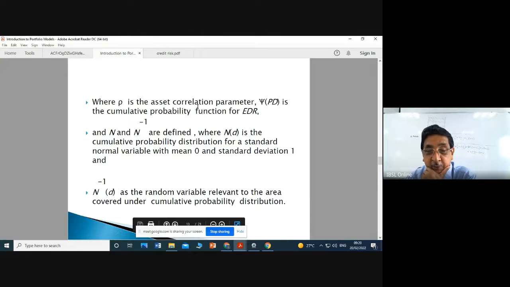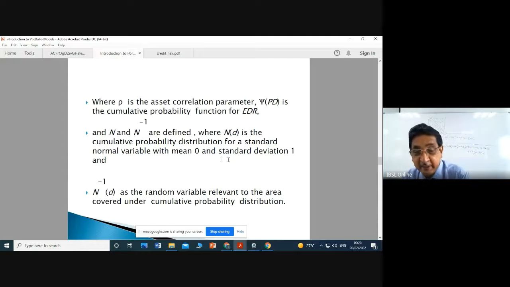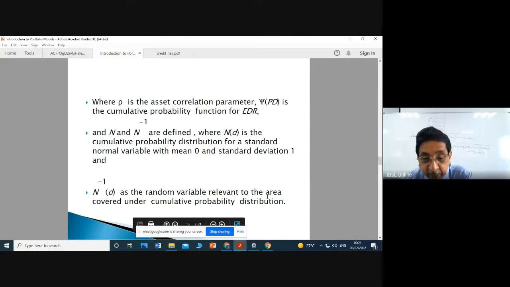Where rho is the asset correlation parameter, psi PD is the cumulative probability function for EDR. And N and N minus 1 are defined, where N is the cumulative probability distribution for a standard normal variable with mean 0 and standard deviation 1. And N minus 1 is the random variable relevant to the area covered under cumulative probability distribution.